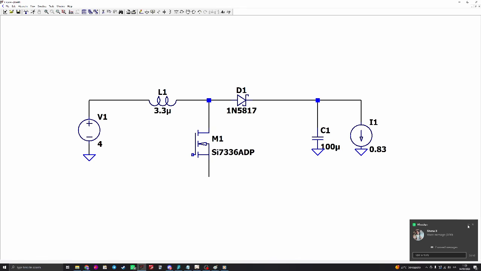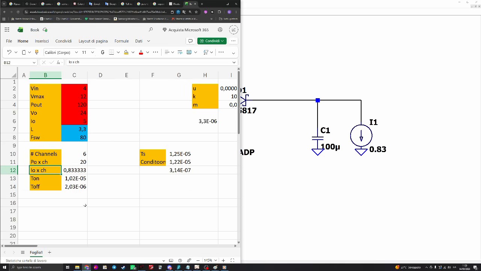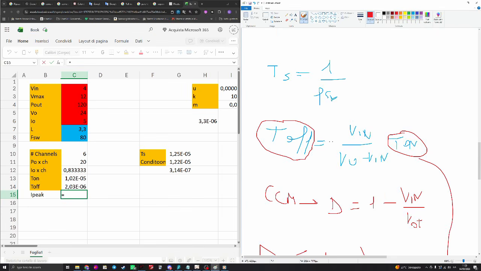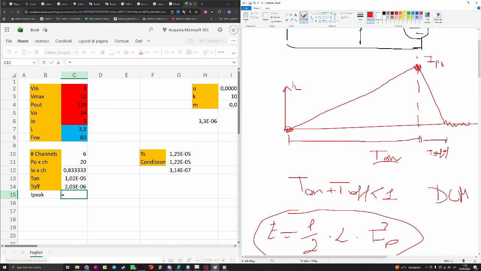And of course, I forgot to tell you that we can also verify the peak. The peak is also very important because you can calculate everything from the peak.